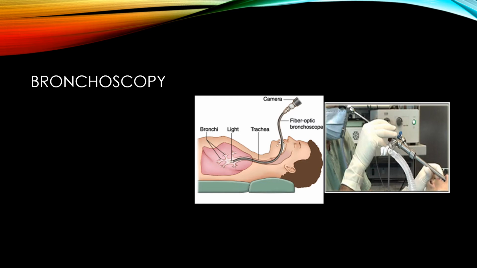So if the surgeon decides to use a bronchoscopy, it can be either flexible or rigid. And by flexible, I mean the fiber optic bronchoscope that we all have used, similar as we have used in the simulation lab.